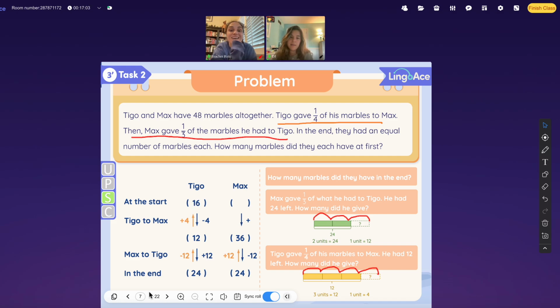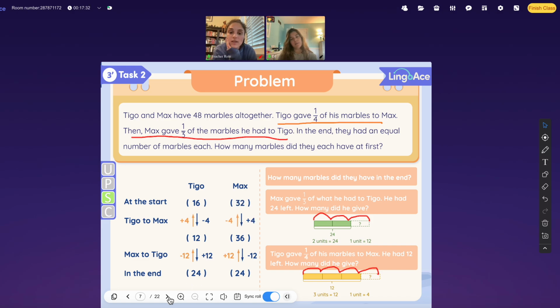If we know Tigo has 16, what do we have to do on Max's side? You could do 48 minus 16, or you would subtract 36 minus 4. Good.